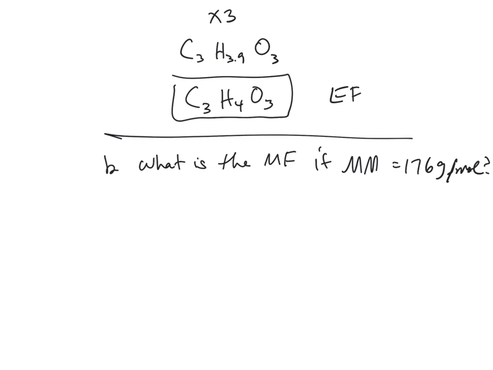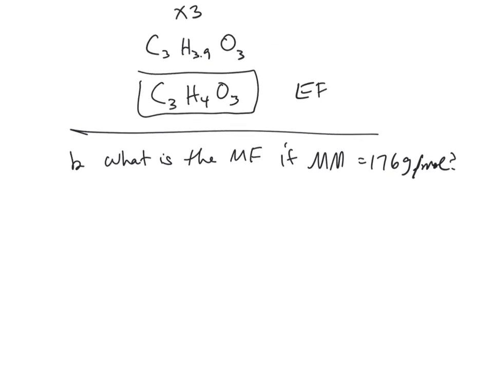So remember, it's the molar mass divided by the empirical formula mass to get the ratio, which would be the number you're going to multiply the integers in the empirical formula by to get the molecular formula.